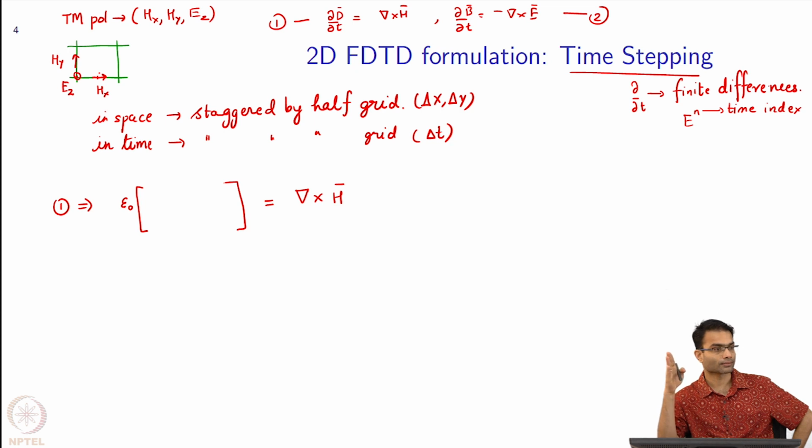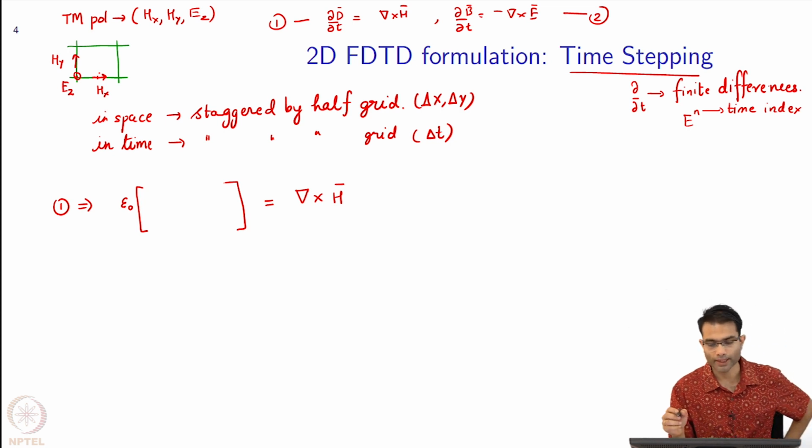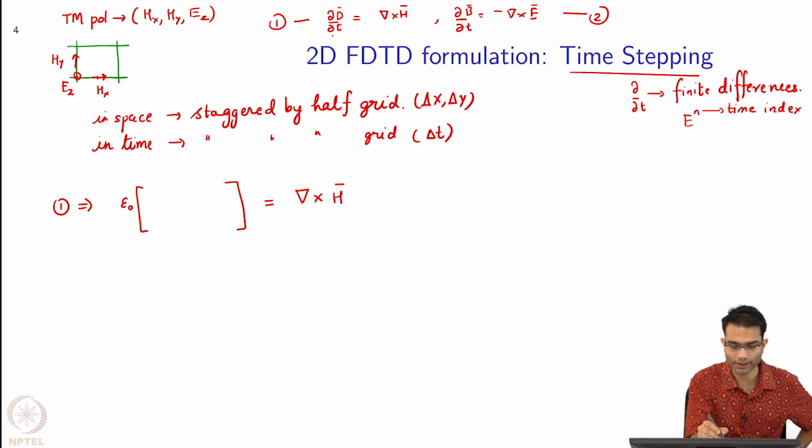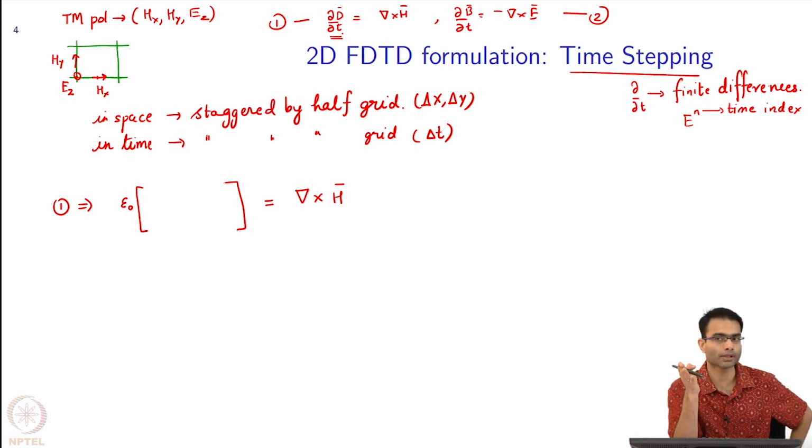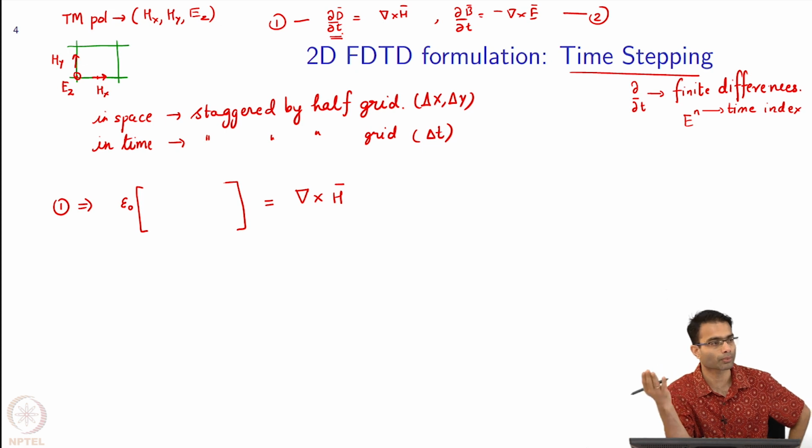For Hx, where will the next evaluation of Hx be? Delta x, right? So, when I look at, for example, the electric field derivative over here, the adjacent points for E should be delta t apart or delta t by 2 apart? Delta t apart, same logic I am applying over here.